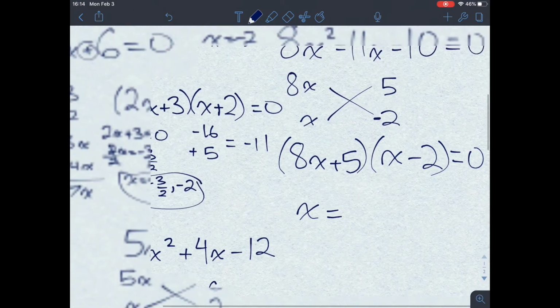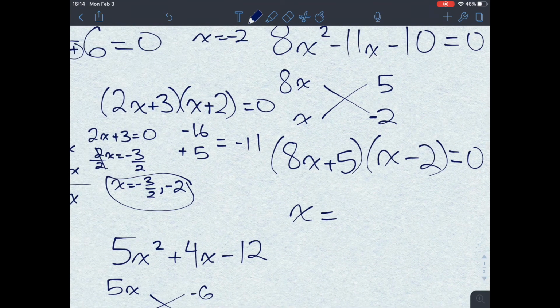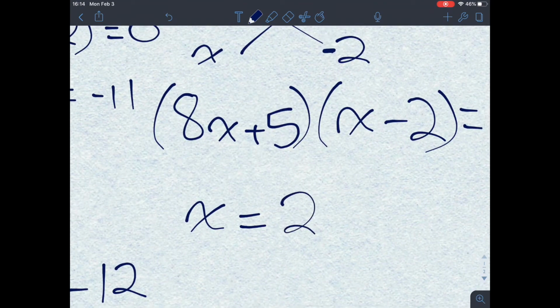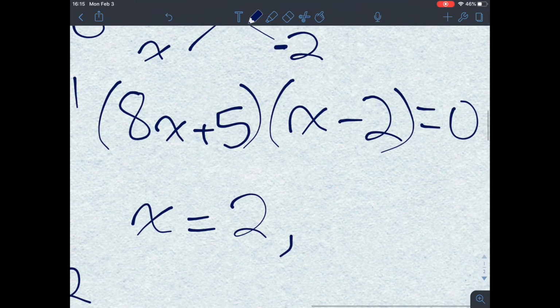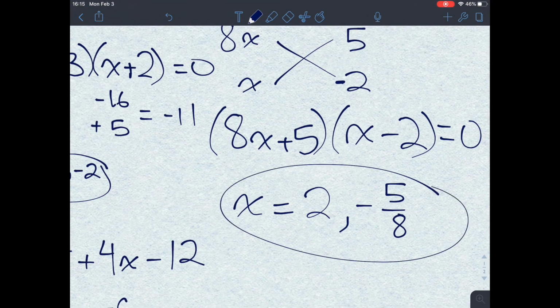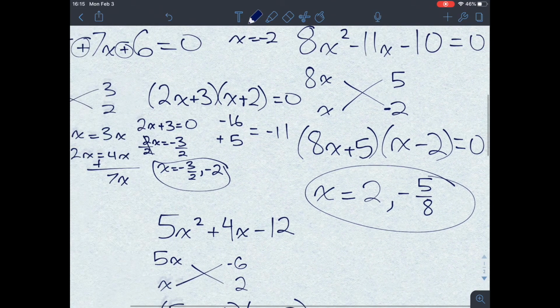So add 2 to both sides, and we get x equals 2. And here we actually have to subtract 5 from both sides. So 8x equals negative 5. And then we have to divide by 8. So negative 5 divided by 8 is negative 5/8. So this would be x equals 2 and negative 5/8.